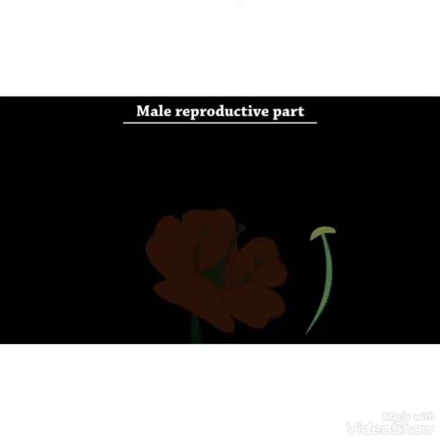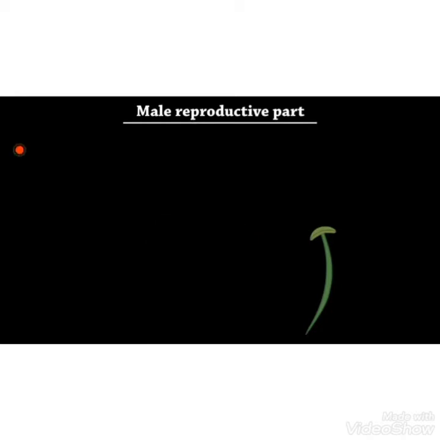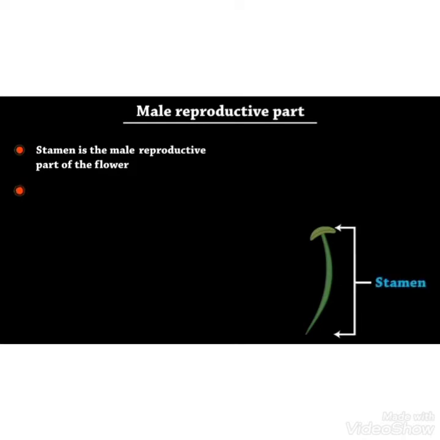Male reproductive part. Stamen is the male reproductive part of the flower. This is stamen. It consists of anther and the filament.